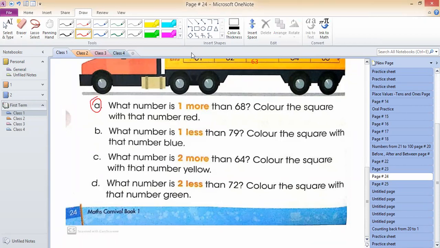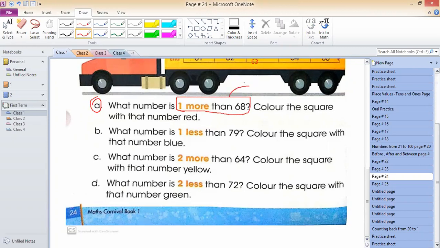This is the question. What number is 1 more than 68? What number is 1 more than 68? So guys, how you will find out what number is 1 more than 68?